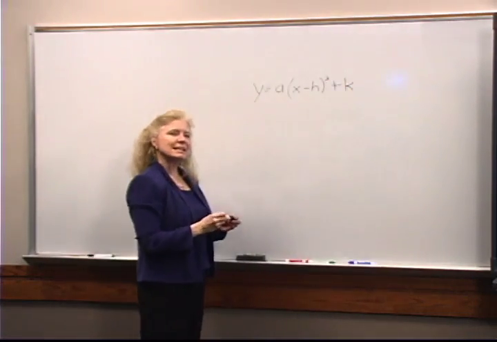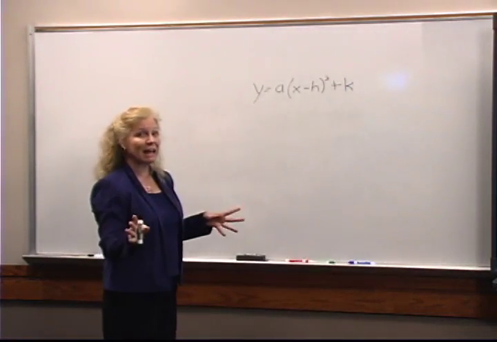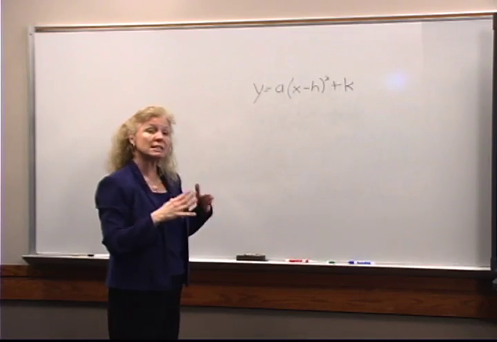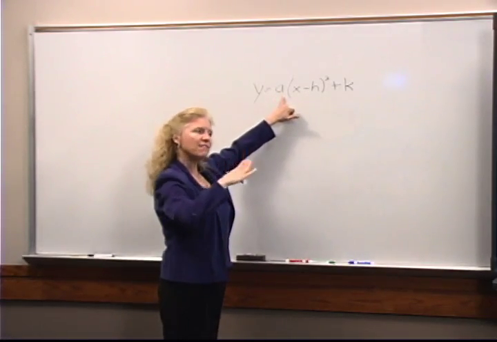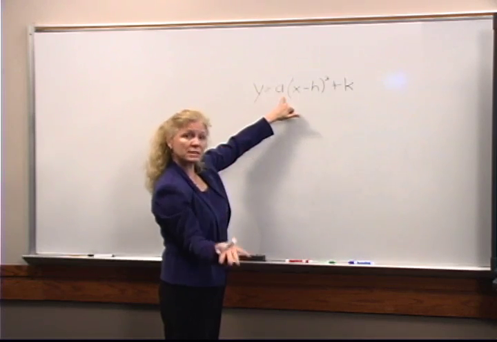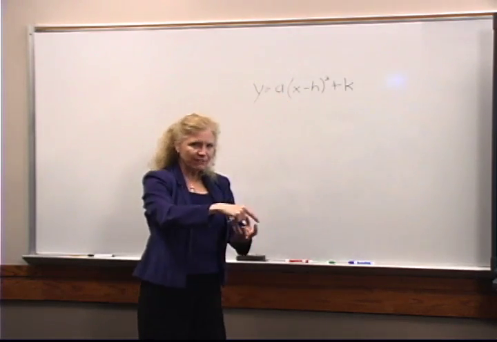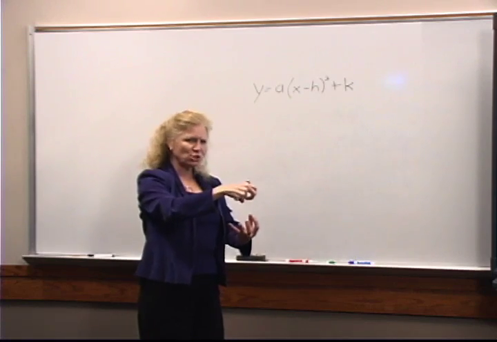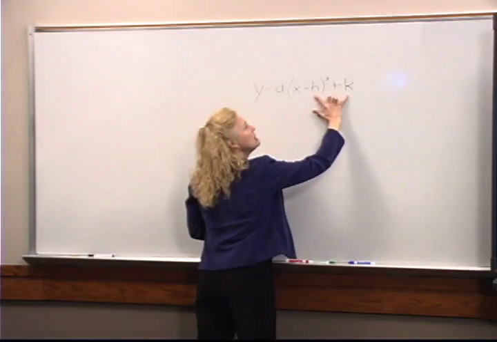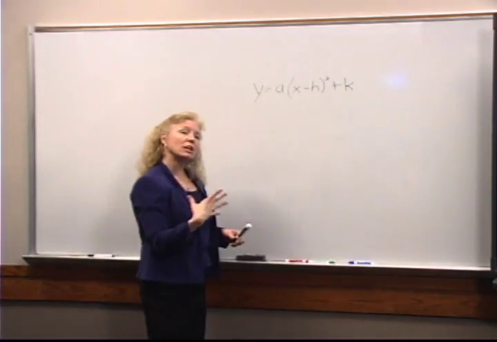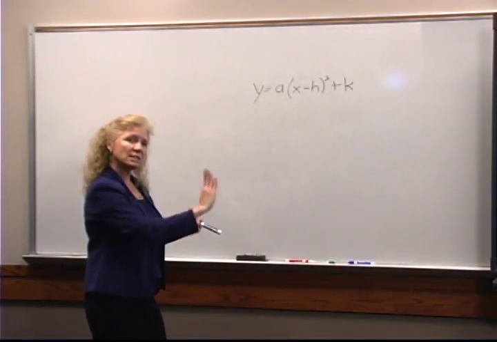When you see it in that form, you really like it, because if you understand transformations, you know that a is affecting whether it's opening up or down, and it's affecting the vertical stretch or compression. That was back in that transformation lesson. The h and the k are your horizontal and your vertical translations.